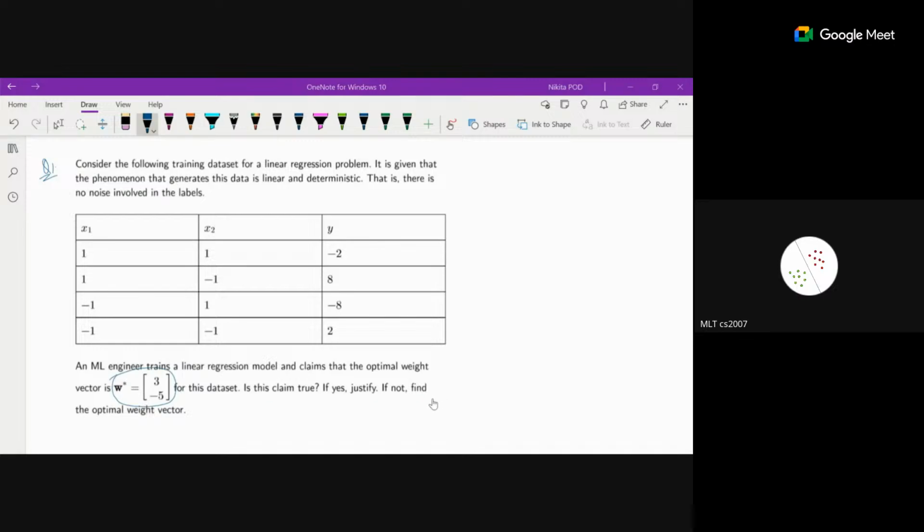I'll just wait for maybe a couple of minutes. If any of you solve this, can raise your hand.